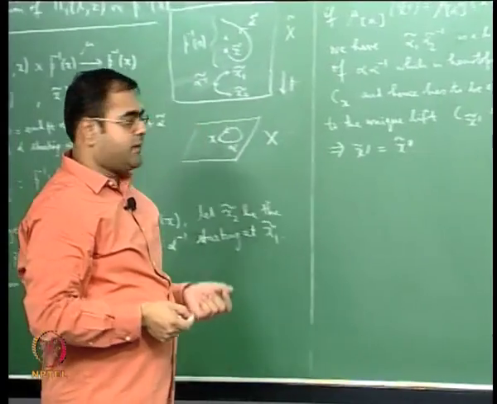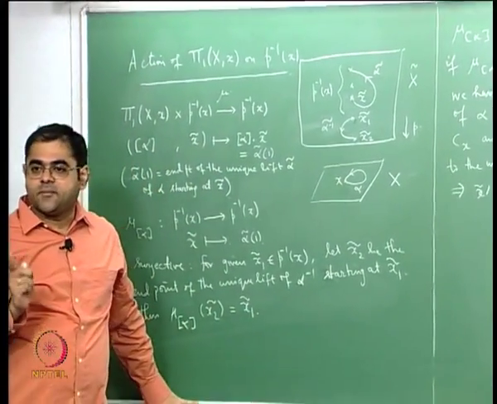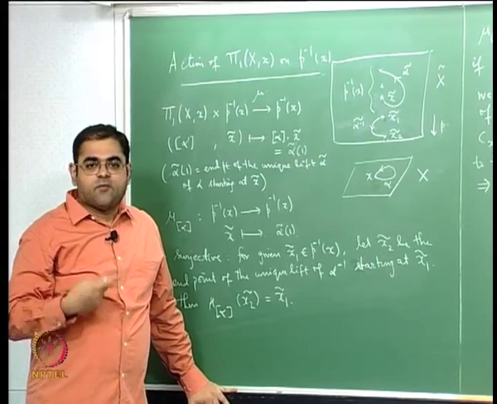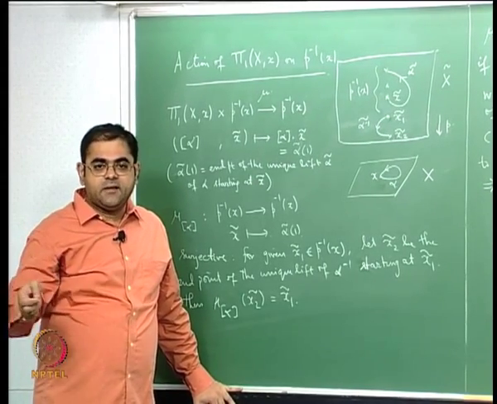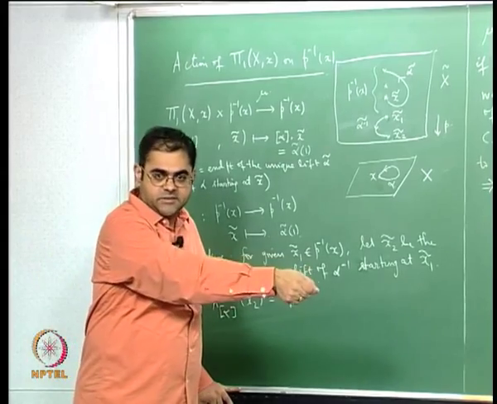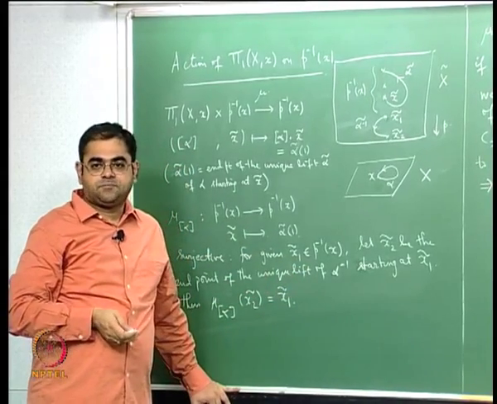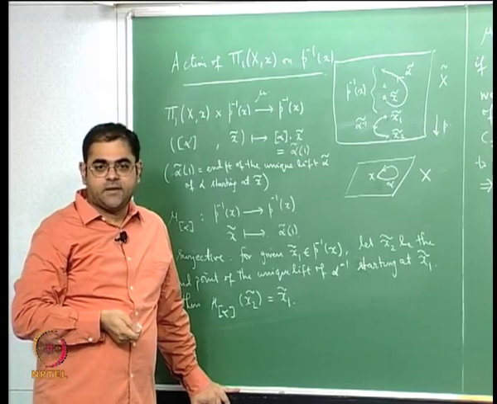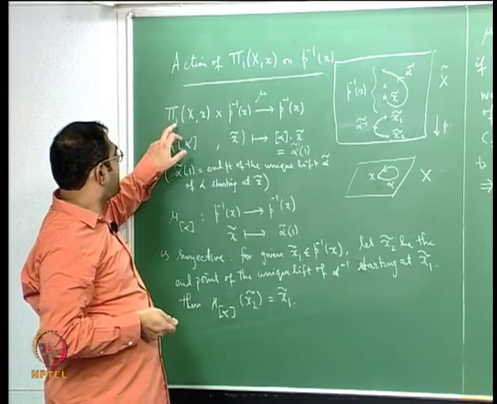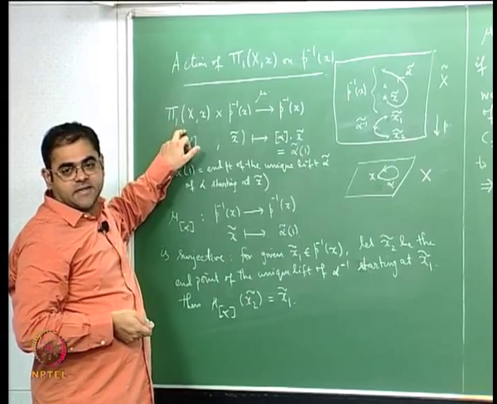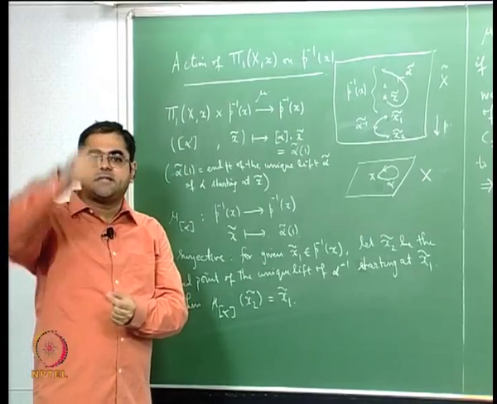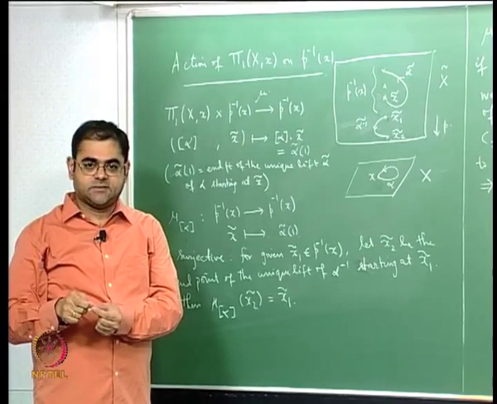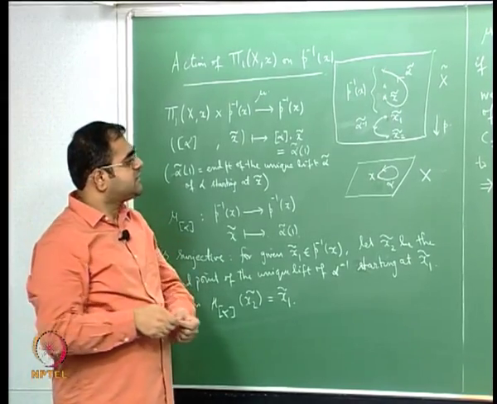In other words, there is only one orbit, and whenever a group acts on a set which has only one orbit, it means that any element of the set can be moved to any other element, and this is what we call a transitive action. So the action of the fundamental group is transitive, all the points in the fiber are equivalent, and that is the whole fiber. And why is that true?